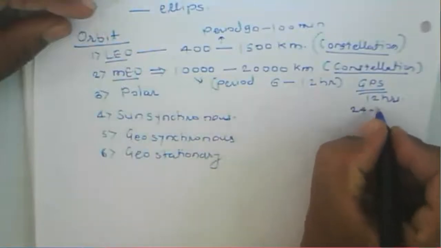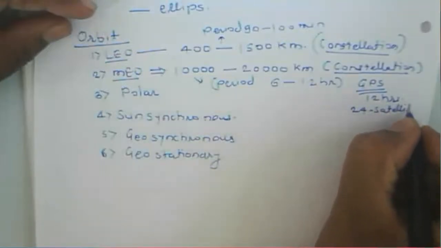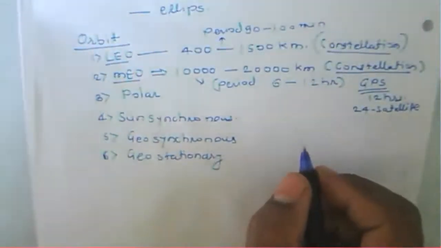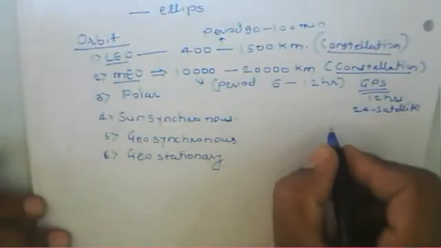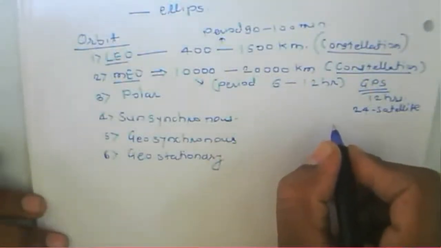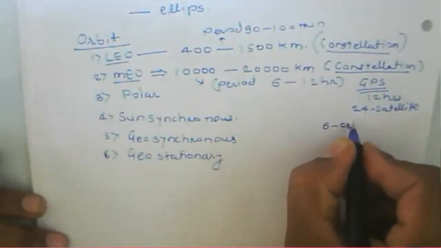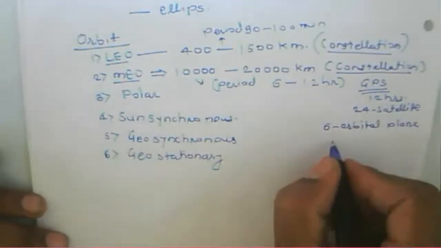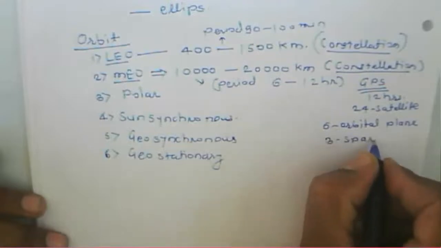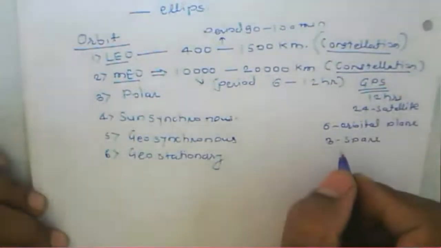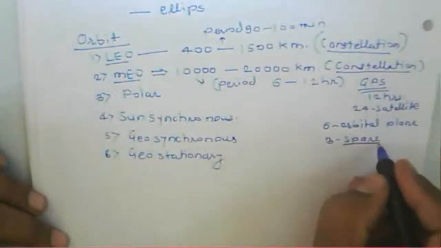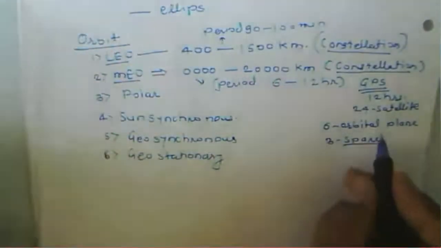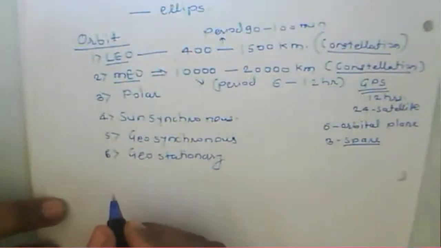They have used 24 satellites, and out of the 24 satellites, they have six orbital planes, and they have three spare satellites. Spare satellites means they can be used for other applications.